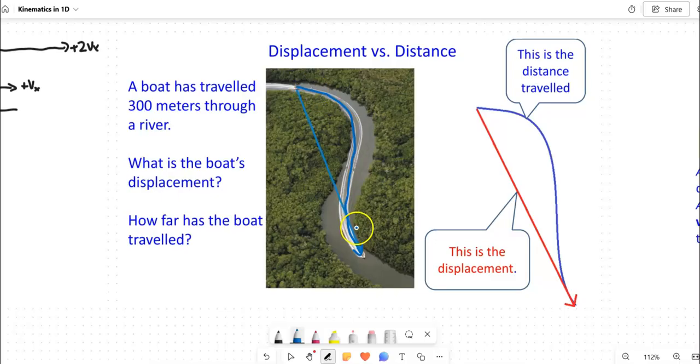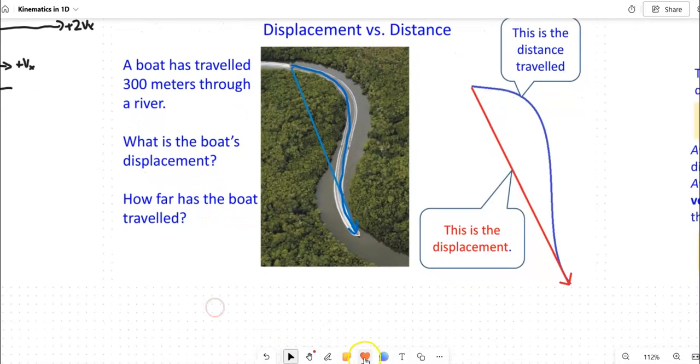So this blue line is the actual distance traveled, okay? But displacement is something conceptually different. Displacement is that part of the velocity vector that gives it its direction. And it's a little bit more complicated.